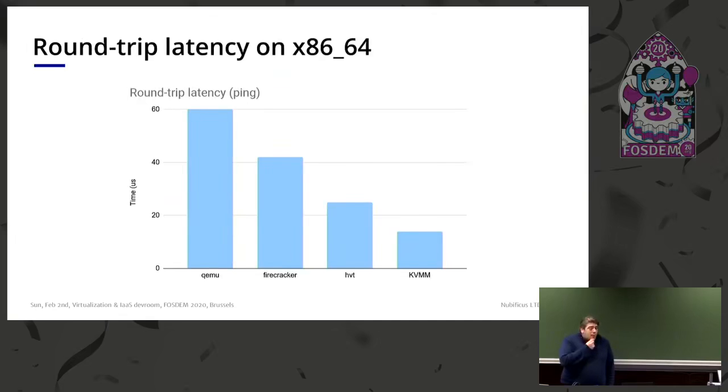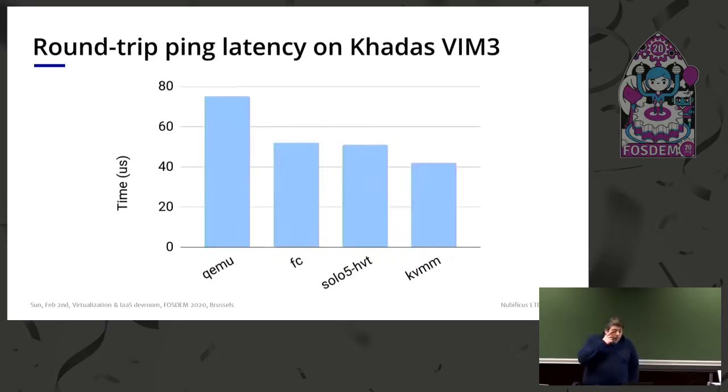Regarding latency, we have run a micro benchmark, ping, for the round trip latency on x86 and on ARM. This is time, so lower is better. We can see that KVMM outperforms all other approaches, and the same stands for ARM. For the ARM case, we ran that on a Khadas VIM3 board.